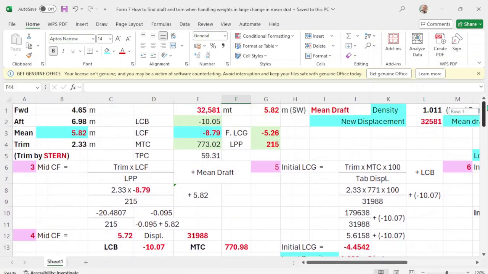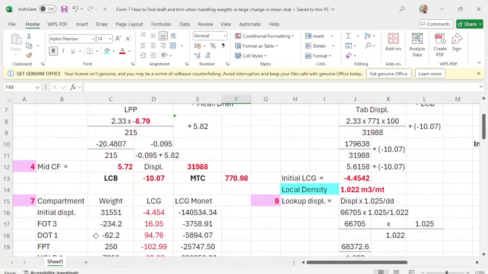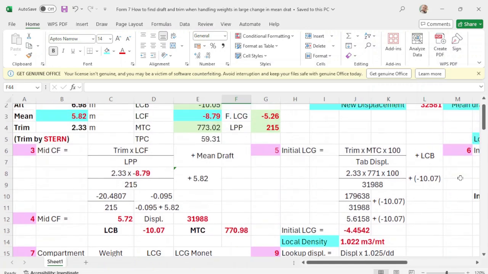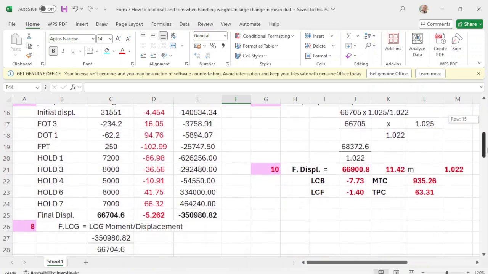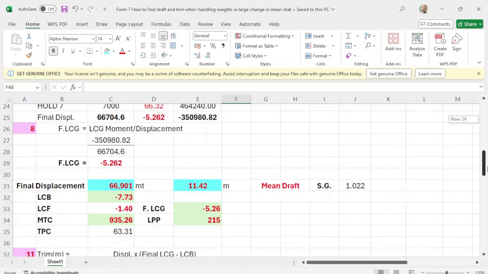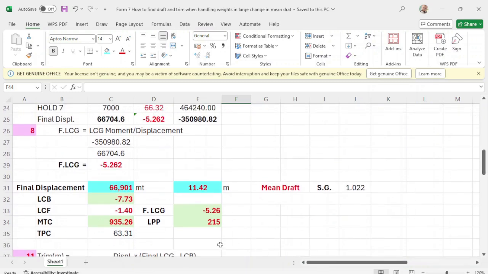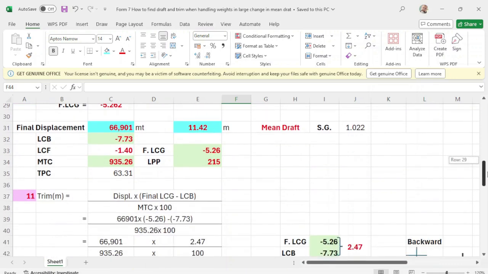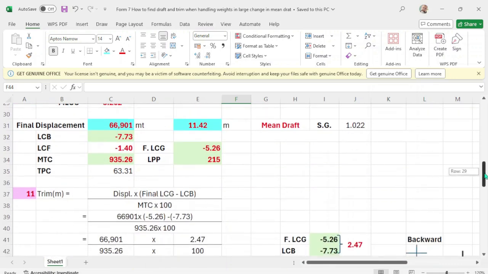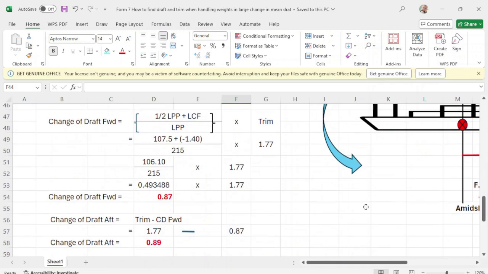Then I have numbers 3, 4, 5, 6, 7, 8, 9, and 10, and I got here this is 11 until finish.